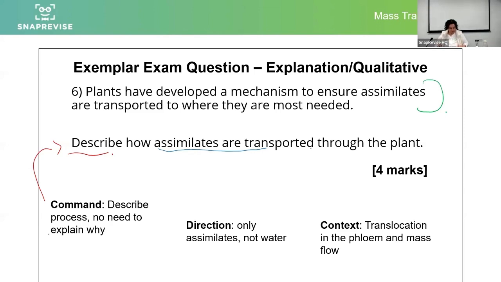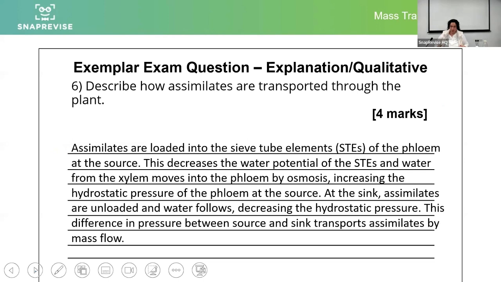So again, this is one of the questions with what we tend to call a generous mark scheme, which basically means that there are more marks available to mention than the 4 marks that are needed in the question. Let's go through them.